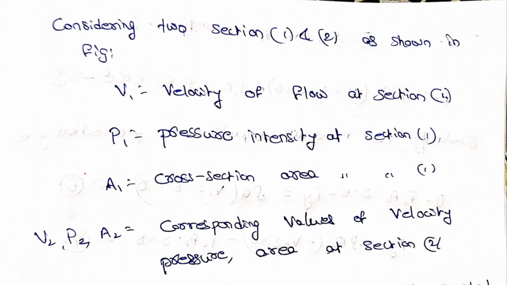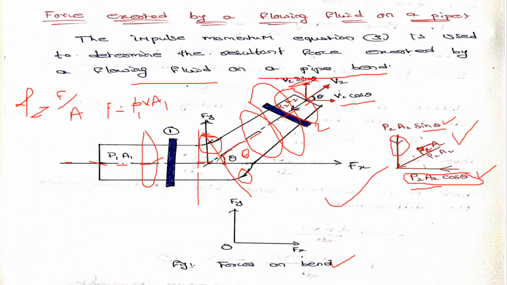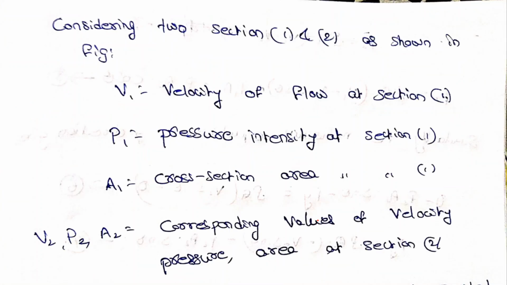Now consider two sections 1 and 2 as shown in figure. Here V1 is velocity of flow at section 1, P1 is pressure intensity at section 1, in this one we can say section 1, and A1 is the cross sectional area at section 1, and V2, P2, A2 are the corresponding values of velocity, pressure and area at section 2.